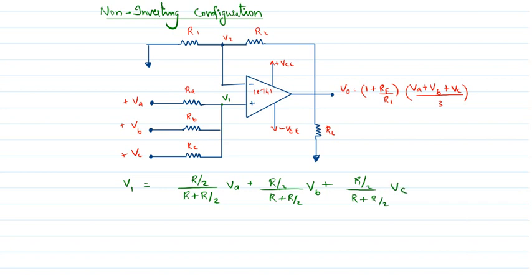That is, V1 equal to VA by 3, VB by 3 and VC by 3, that is, (VA plus VB plus VC) divided by 3.